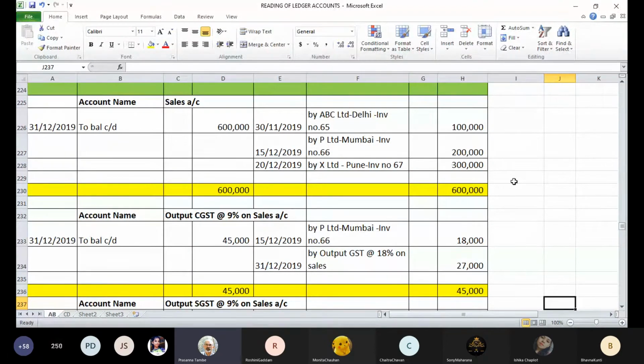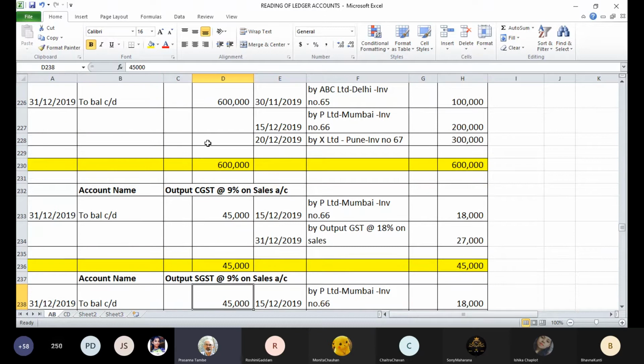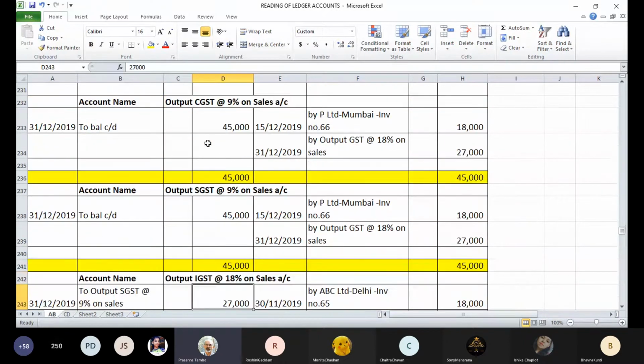So along with sales, as you can see here, you have two or three more accounts. Which are those? You have output CGST at 9% on sales. This is one more account which will come with the sales because it is related to sales. Then output SGST at 9% on sales. This is CGST and then SGST. And then you will have output IGST at 18% on sales.